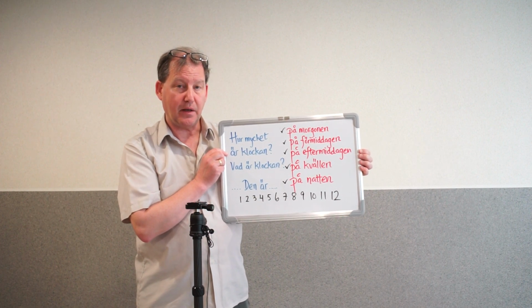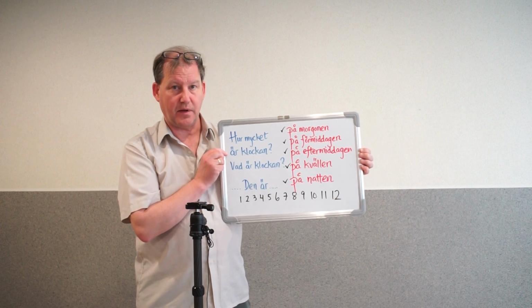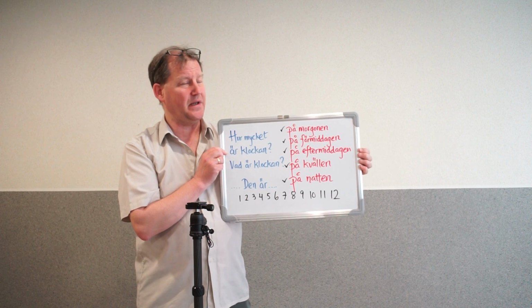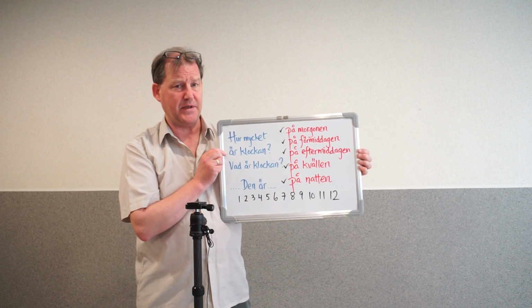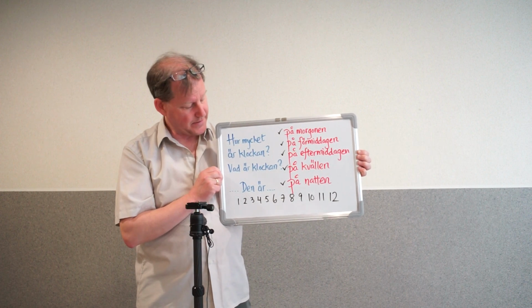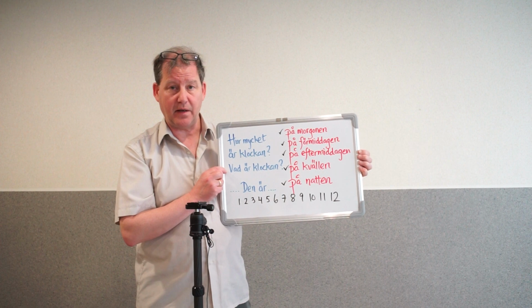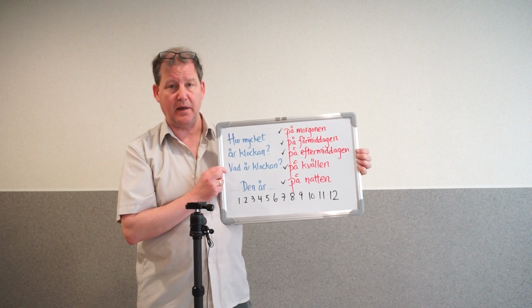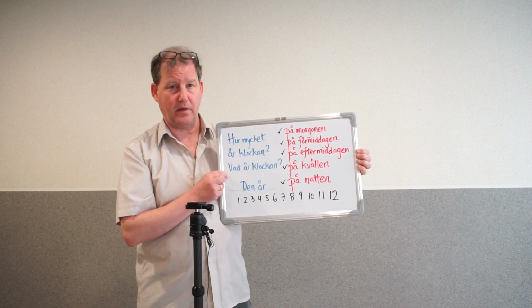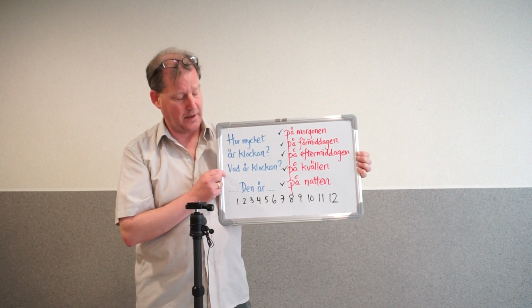It literally means, how much is the clock? But in English we don't say that. We say, what time is it? Another way of asking is, vad är klockan? What is the time? Or what is the clock? But in English you say, what time is it? Or what is the time?